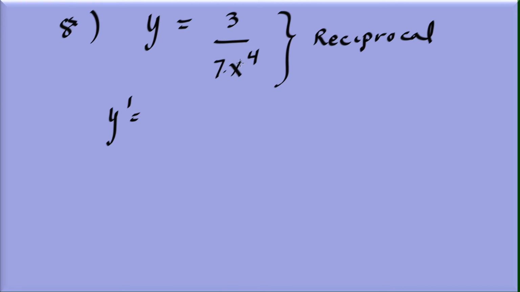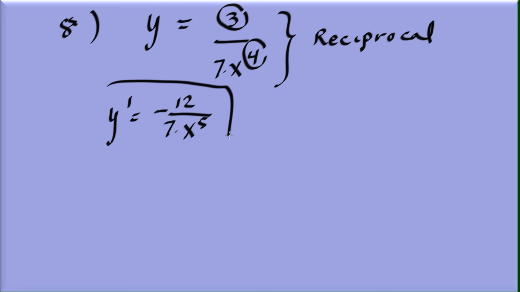Constant numerator, variable x raised to some exponent in the denominator. So you can go ahead and use the reciprocal rule shortcut. That means 3 times 4 is what? 12 over 7 times x to the 4 plus 1, 5. And then you switch the sign. Okay? That's how easy the reciprocal rule is.